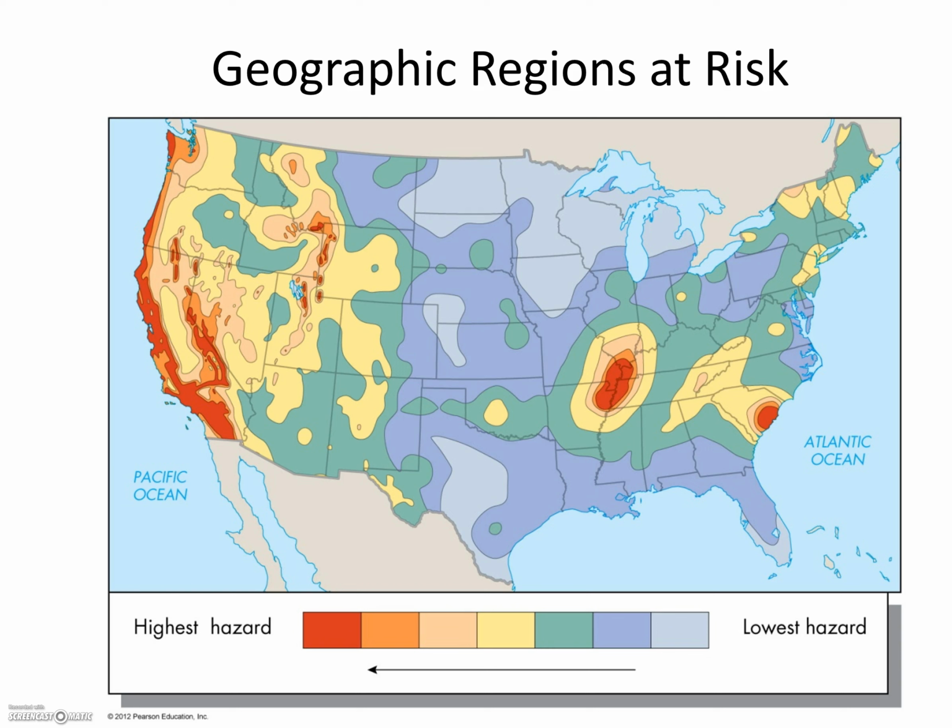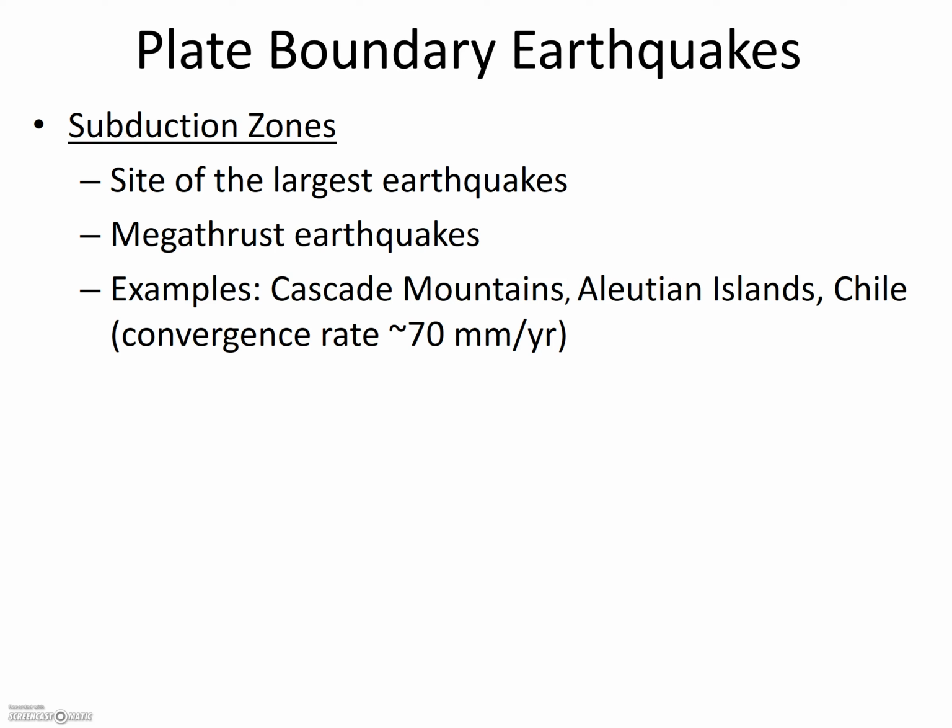Subduction zones at convergent plate boundaries are the site of the largest earthquakes, sometimes called megathrust earthquakes, with high magnitudes. Areas that have the potential to experience future megathrust earthquakes are Cascade Mountains, Aleutian Islands, and Chile, which has a convergence of about 70 millimeters per year.